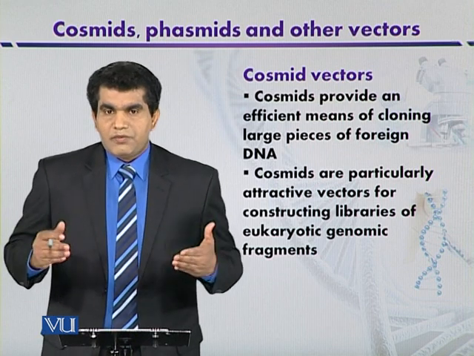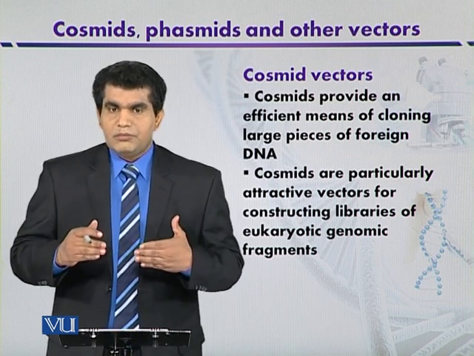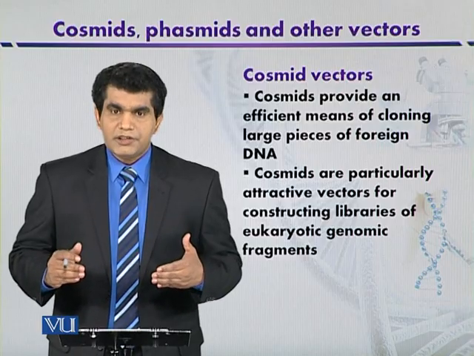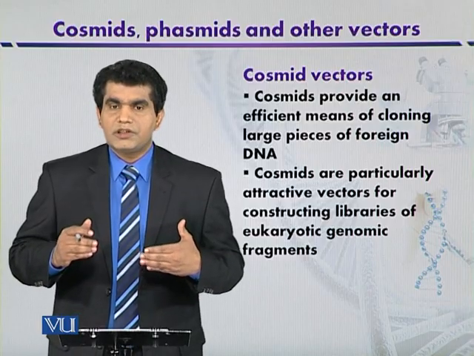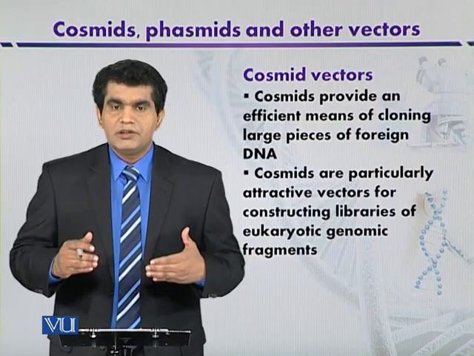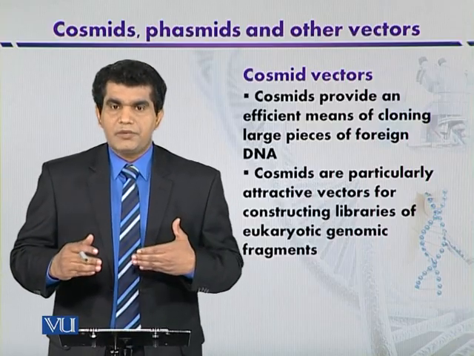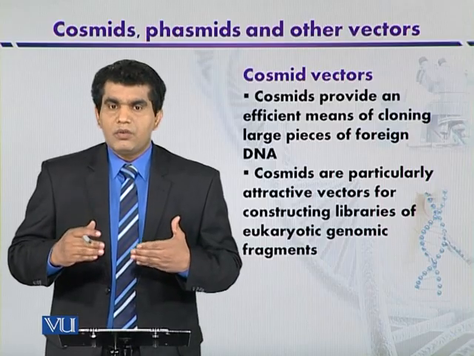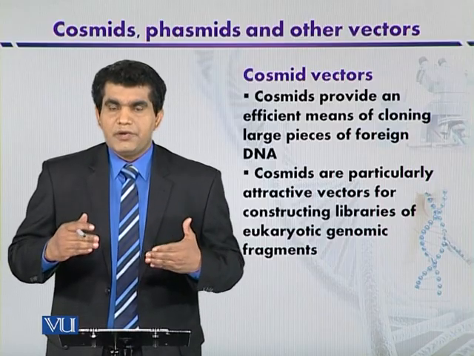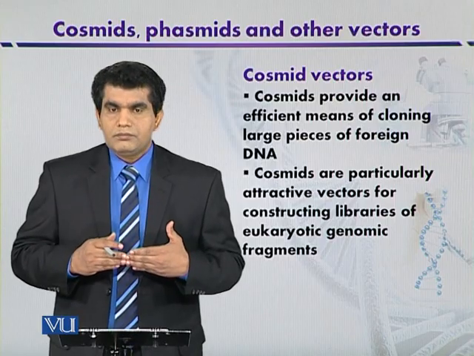So this is one of the advantages: in the case of Cosmid, because larger DNA fragments can be cloned, the size of the genomic library will be very small. And I told you that a genomic library represents the whole genomic makeup of a particular organism.